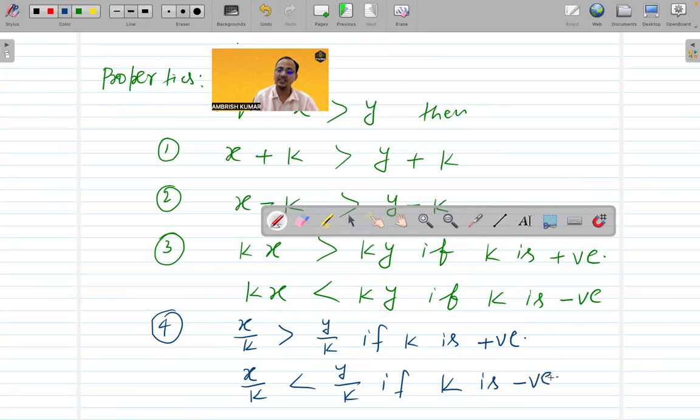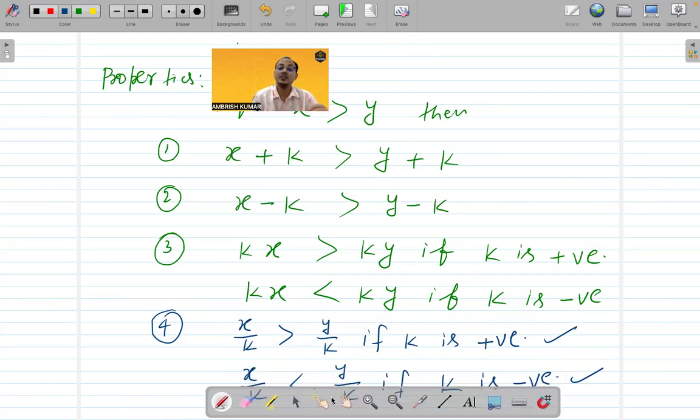And look, obviously you cannot divide by 0. So that's why I have clearly stated here, either k is positive or negative. Both the sides, even if you multiply with 0, both the sides become 0. So that technique you don't have to apply here, right? And division by 0 is anyway undefined.